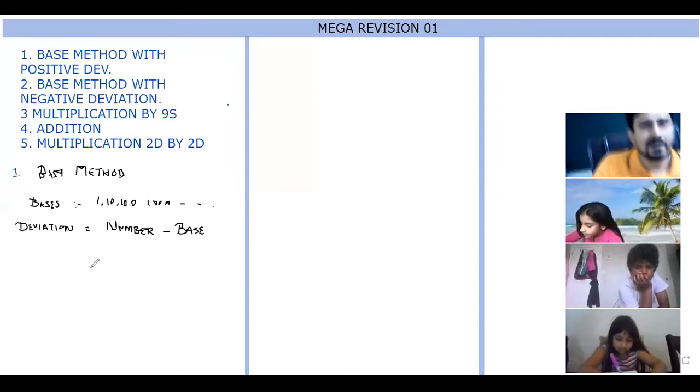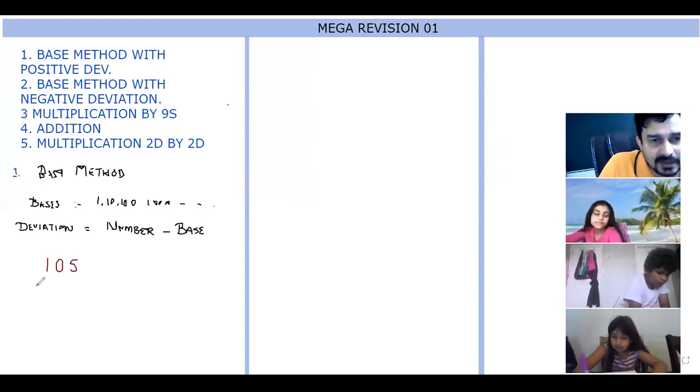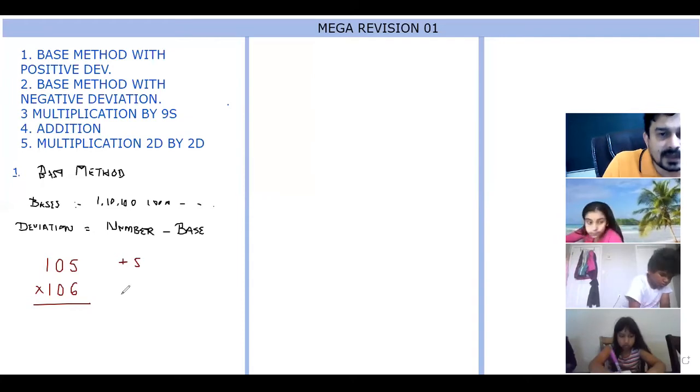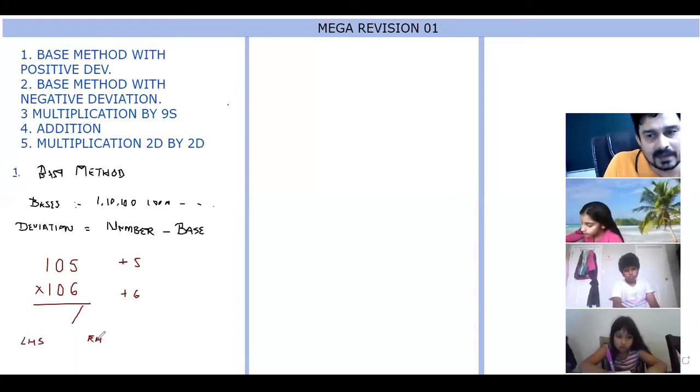The technique for multiplication using the base method: let me take an example. If the number is 105 into 106, here the deviation is plus 5, here the deviation is plus 6. We divide our answer in two parts, LHS and RHS.